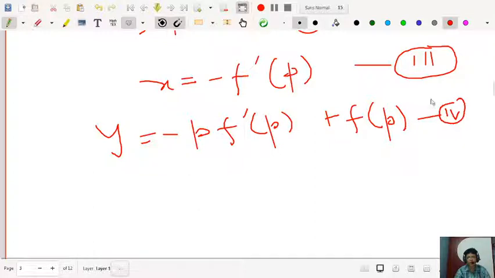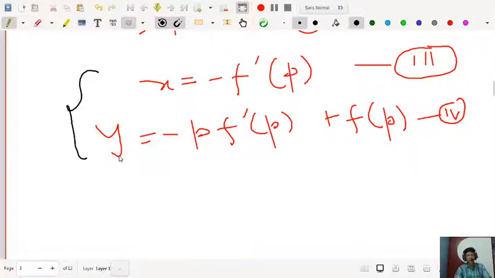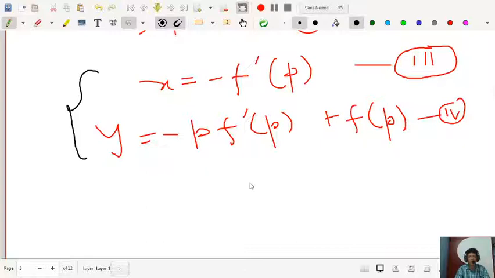From 3 and 4, if you eliminate p, you get another solution which doesn't contain any arbitrary constant or p. This type of solution is called a singular solution of the equation.